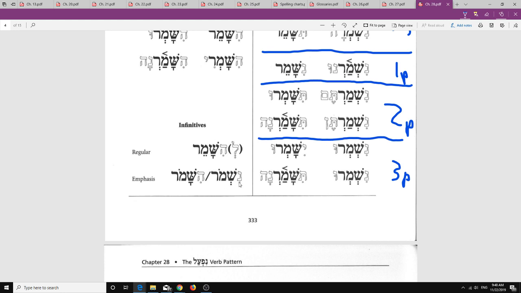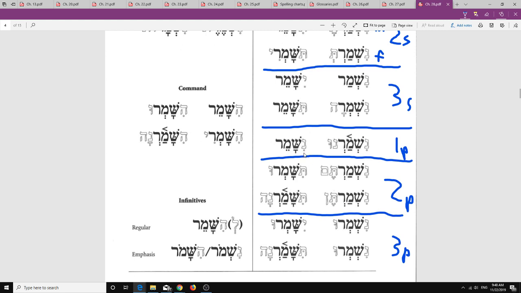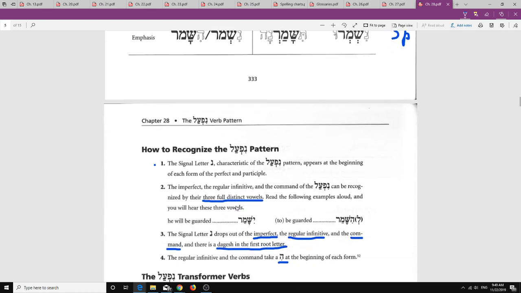And then nishmor, hishmer, or infinitive absolute. So this would be used with another one. So maybe something like nishmor, nishamer. We will really be guarded, or something like that. Okay.